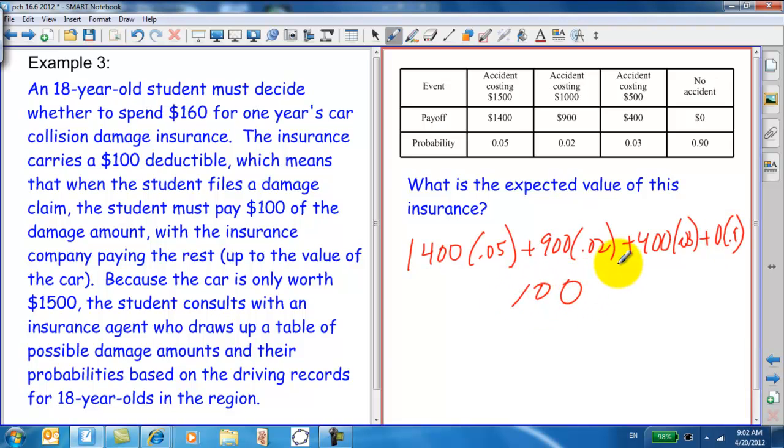But the thing is, you're paying $160 per year. So $100 paid out by the insurance company, and you're paying $160, plus you're also paying the deductible on these other ones. Now let's look at that too. So that's the insurance company's cost. They're going to on average pay out $100 for your accidents.